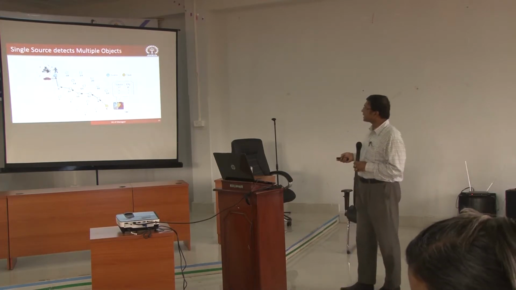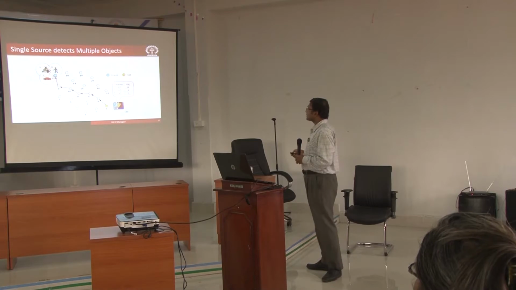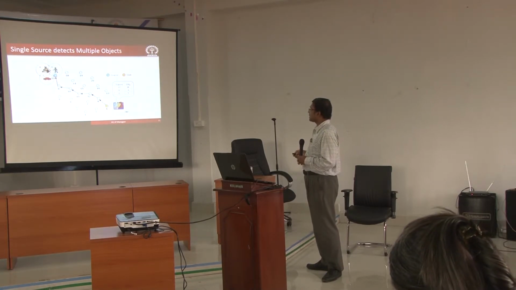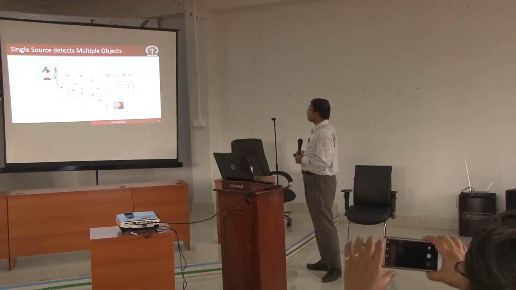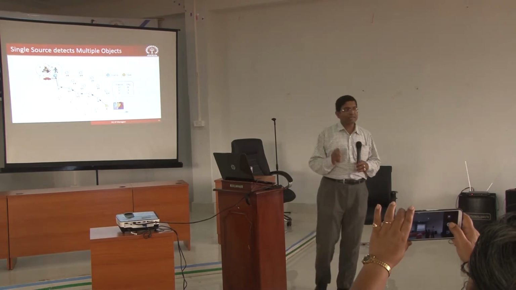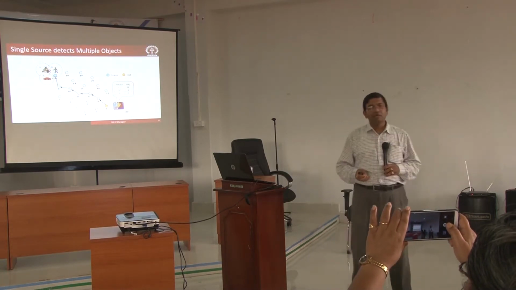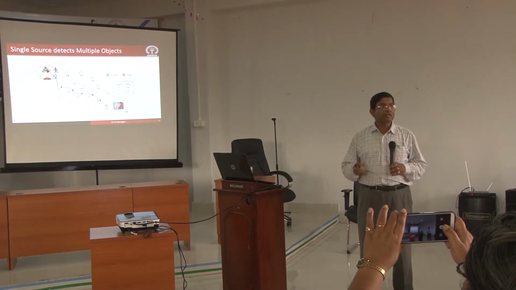Then let us say that instead of a single object, this particular node sees two other objects, a horse as well as a car. So what are the complexities that are involved? Now two more objects have been added, but to the same source node, and a lot of complexities come into the picture.